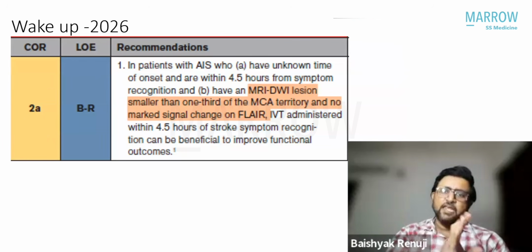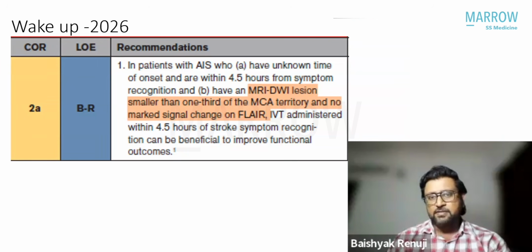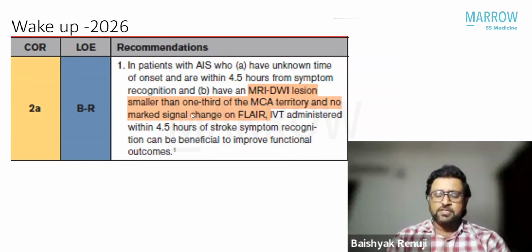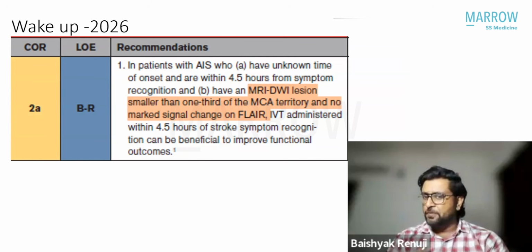What I think is there are 3 caveats in this. One is, you look here, the same guideline was there previously also. It should be smaller than 1/3 of MCA territory. So there are 2 things. One is, if you look at this guideline, there is no proper mention of posterior circulation. They're talking about MCA. Posterior circulation again, it will fool you sometimes.